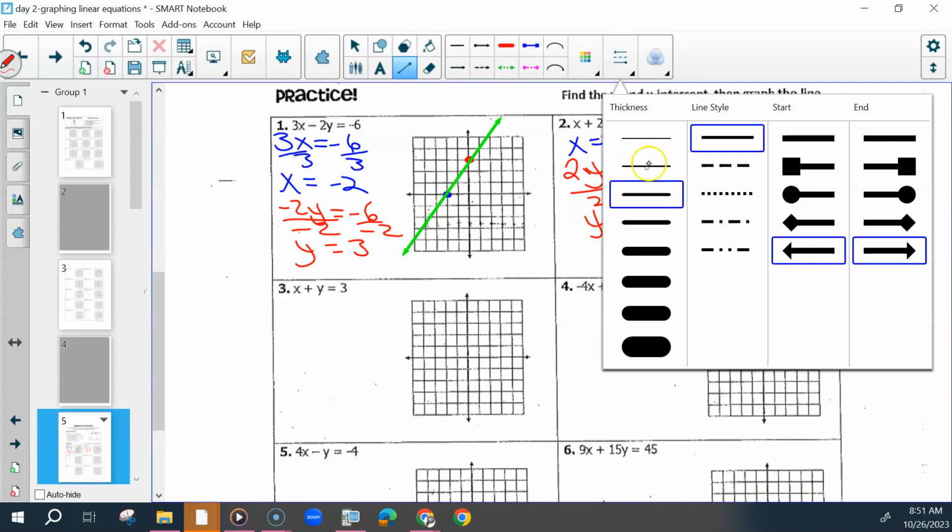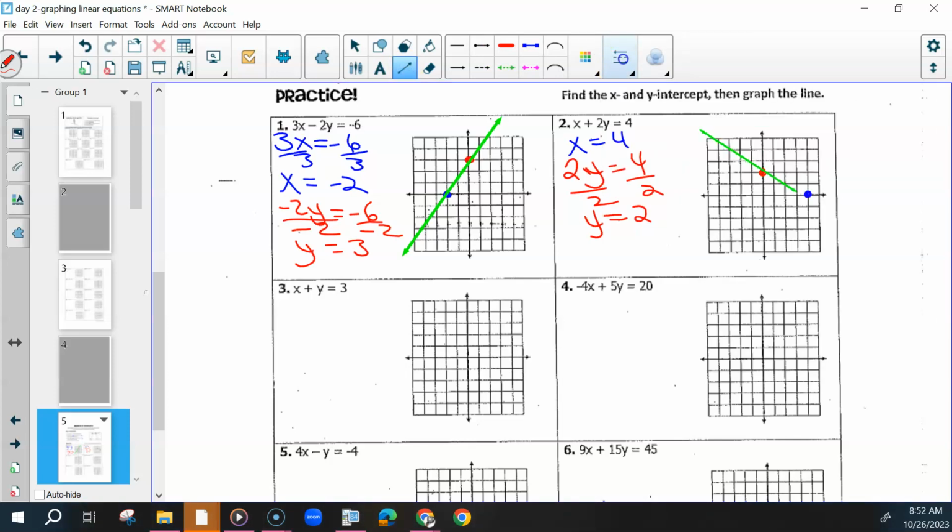If you want rulers, you're more than welcome to grab those. Look at numbers 3 through 6 on this page and 7 through 10 on the next page.